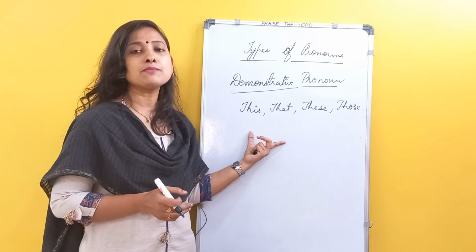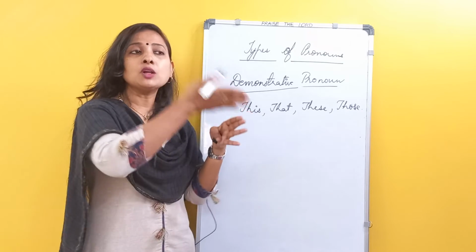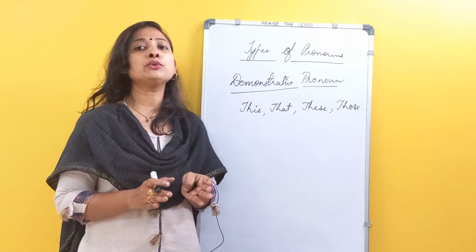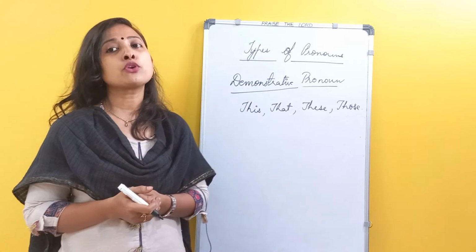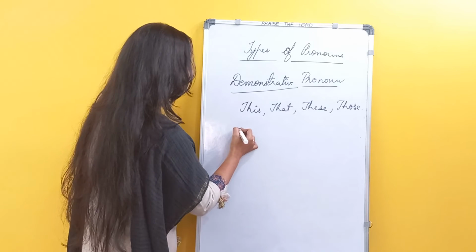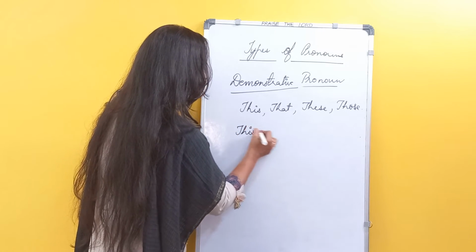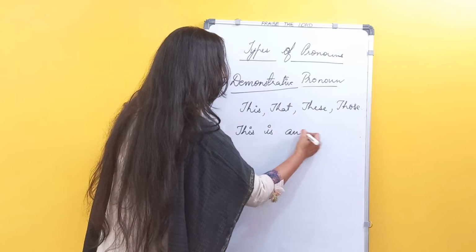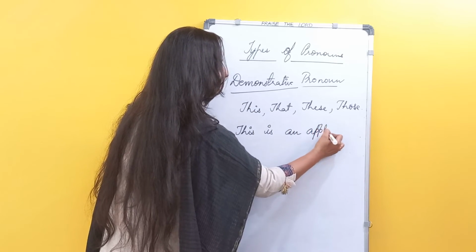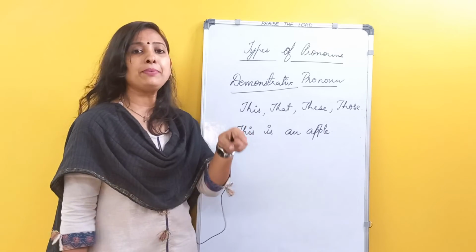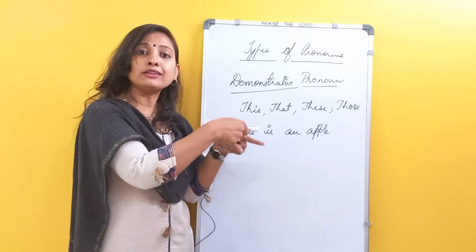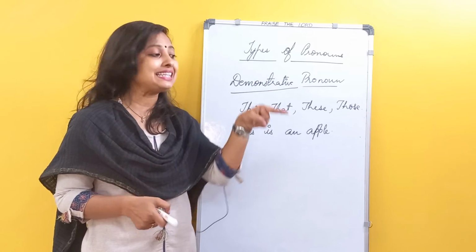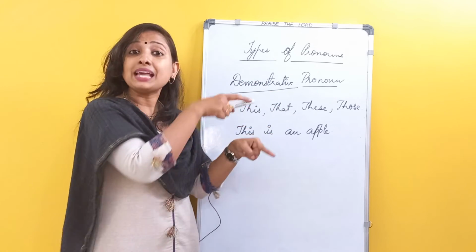So you understood what demonstrative pronouns do? They demonstrate something, show something. They are words which are used to show something. Like, this is an apple. I am trying to show, I am trying to tell, I am trying to demonstrate. I am just pointing out at something and saying this is an apple. Means I am demonstrating it.